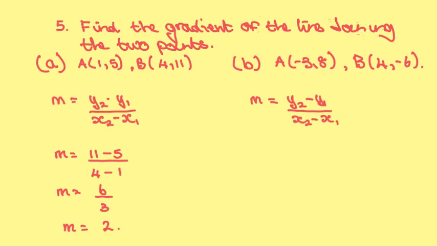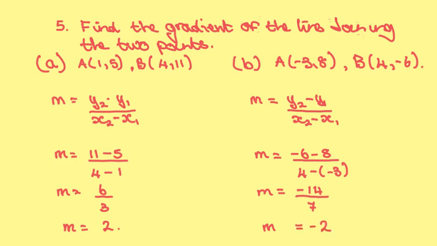Substitute in, so we get m equals minus 6 minus 8 divided by 4 minus minus 3. So m is minus 6 minus 8, which is minus 14, divided by 4 minus minus 3, which is 7. So minus 14 divided by 7 is minus 2.